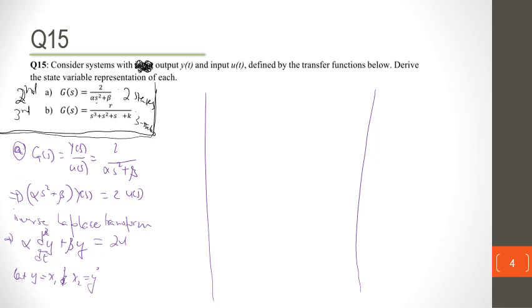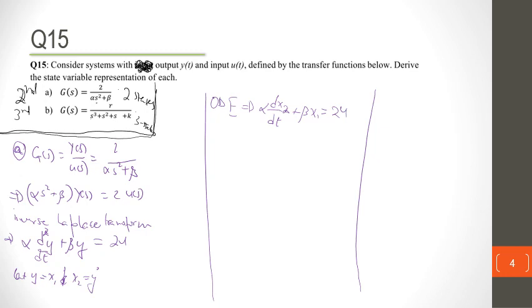So now from here on we can take the differential equation, which becomes alpha times the derivative of x2 with respect to t plus beta times y, which is x1, is equal to 2u.